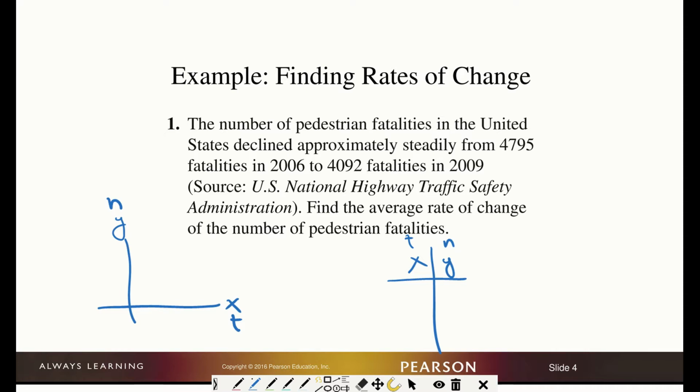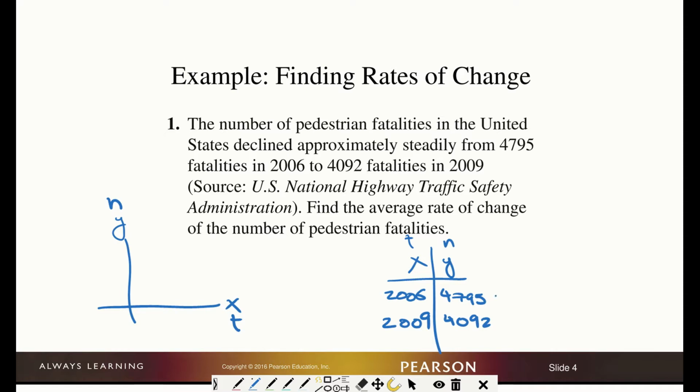So we can populate our table. We know that in 2006, that would be the year, the number of fatalities was 4,795, and in 2009 it was 4,092.